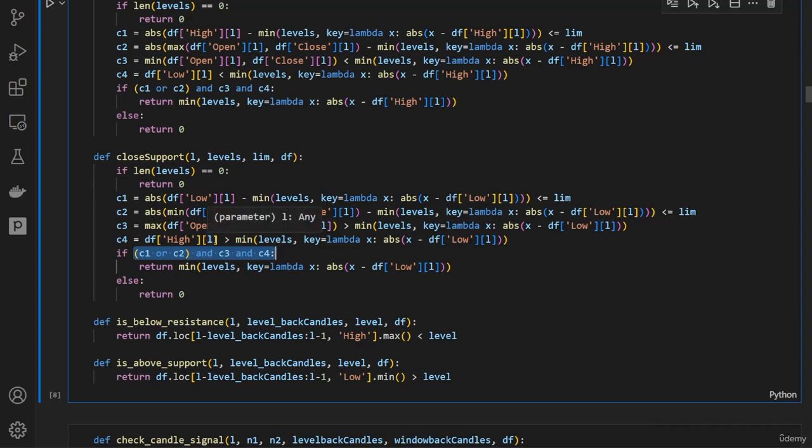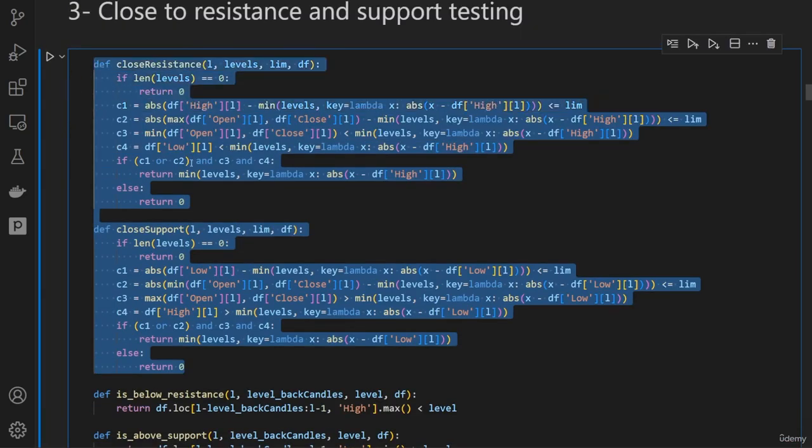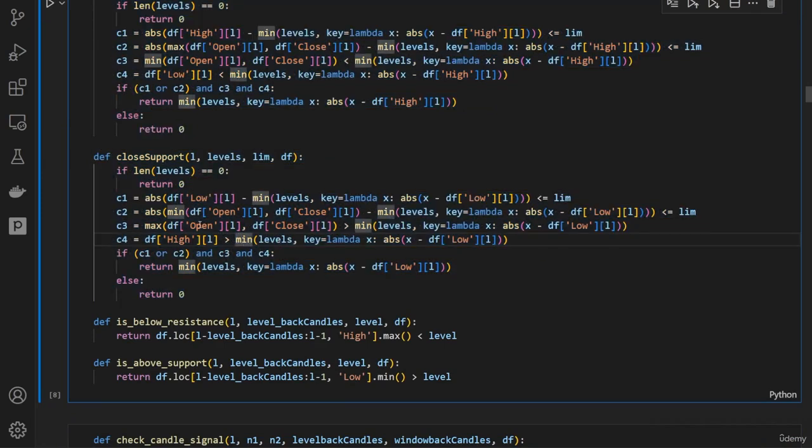If we want to focus just on the body, disregarding the wicks or tails of the candle, we can also disregard whatever is related to the wick or tail, which is condition number 4, and so on. So as these two functions are ready to use now, we can use them in our code. But just to be aware of these conditions, you can modify them to change the type of pattern you would like to detect.